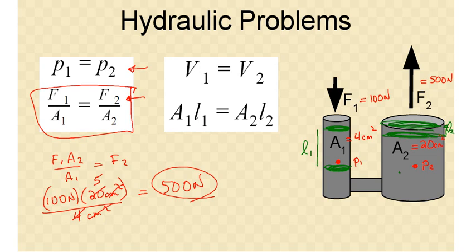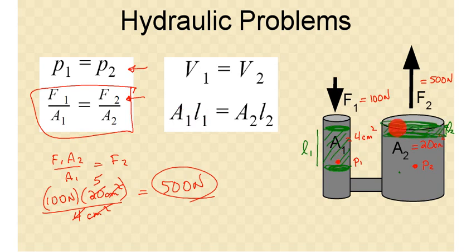The trick to doing this is to realize that the volume of fluid that I move on side 1 has got to be equal to the volume of the fluid that I move on side 2. And so if I set those two equal to each other, volume 1 equals volume 2, the volume of fluid that I move right there would be equal to A1L1.